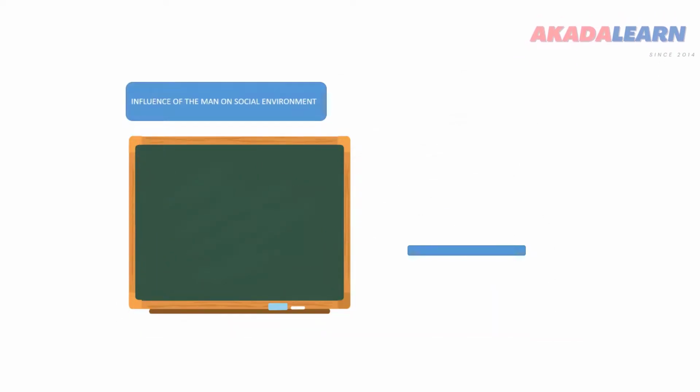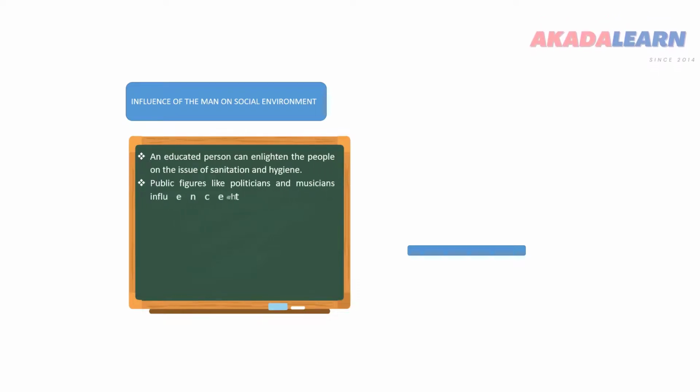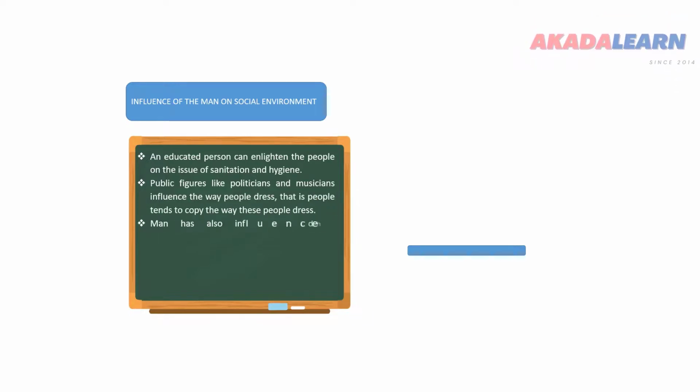The same way our environment influences us, we can also influence our environment. So let's look at how man influences his social environment. An educated person can enlighten the people on the issue of sanitation and hygiene.